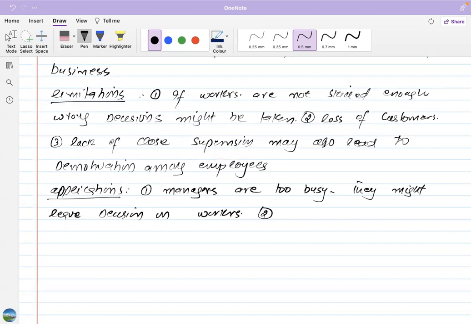Secondly, if workers are very skilled and managers have full trust in them, then also they leave the decision making to the workers.